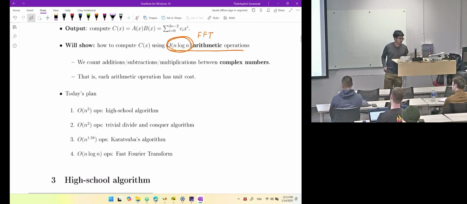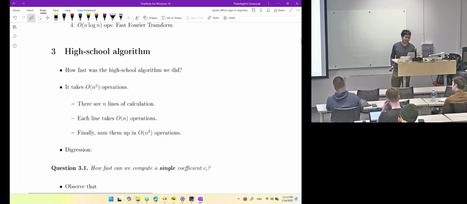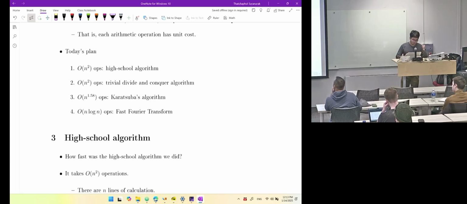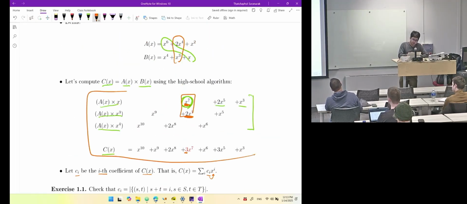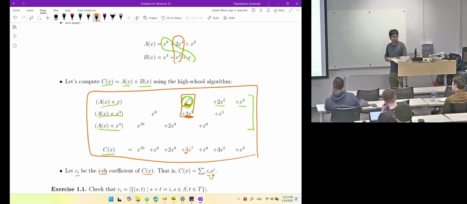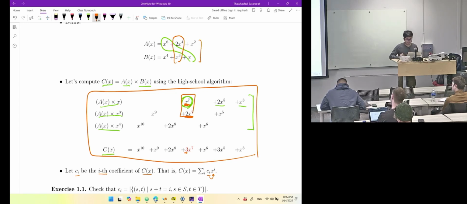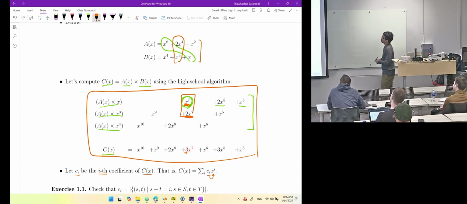Okay, so first, let's recall again the high school algorithm that we did here, right? Here I kind of do it when there are not too many terms, right? But suppose that the degree of both polynomials here is at most n.